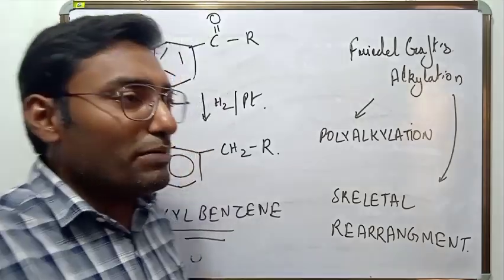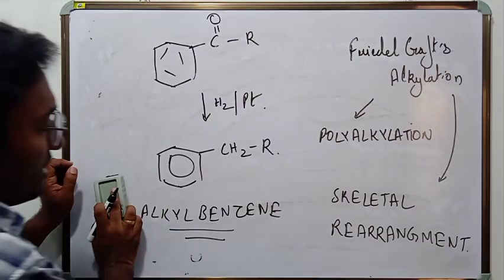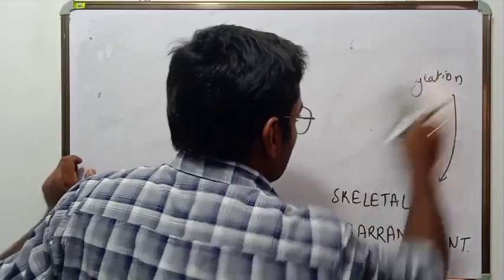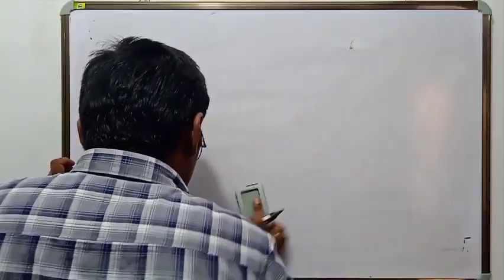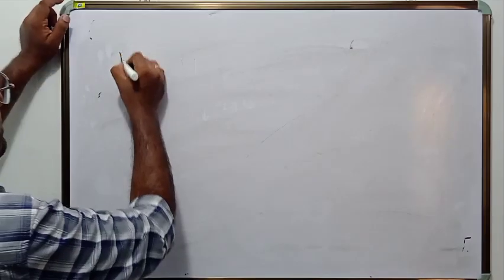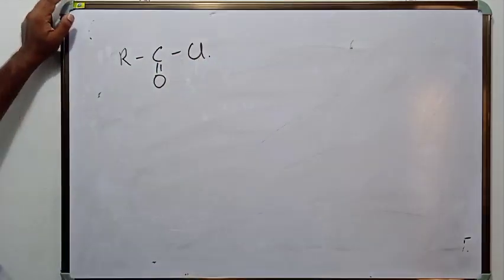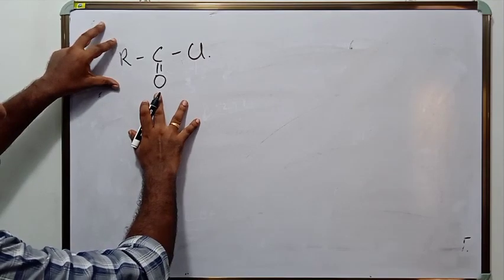Let us now come back to other applications of our Friedel Crafts acylation. Let me rub the board. Do you remember the acid chloride that we used? This was the acid chloride that we used for Friedel Crafts acylation, right? Now this is the third application of Friedel Crafts acylation.